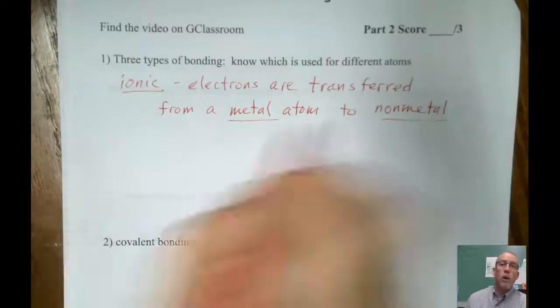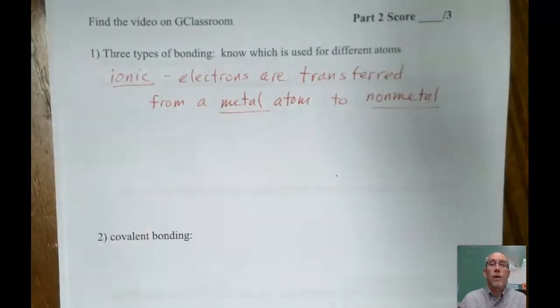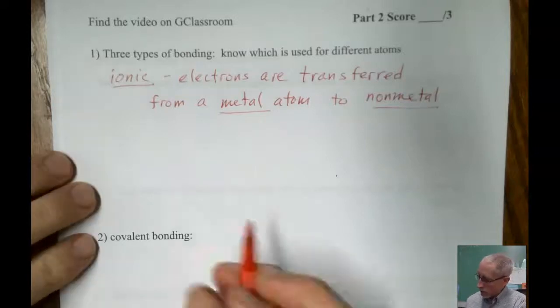It's going to be important. I'm going to want you to know which kind of atoms are involved in these kinds of bonding. So for ionic, it always has to be one of each. And there are some special cases where this isn't true. We're not getting a super deep dive here. You'll learn more about that maybe in a chemistry class.